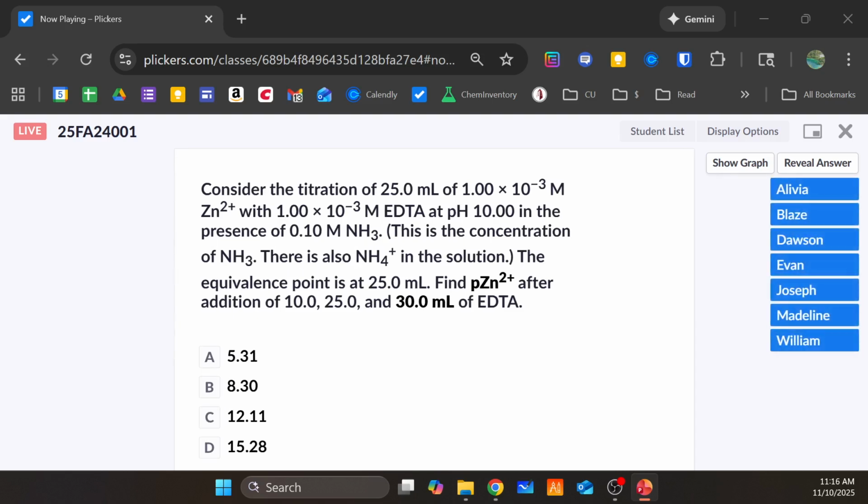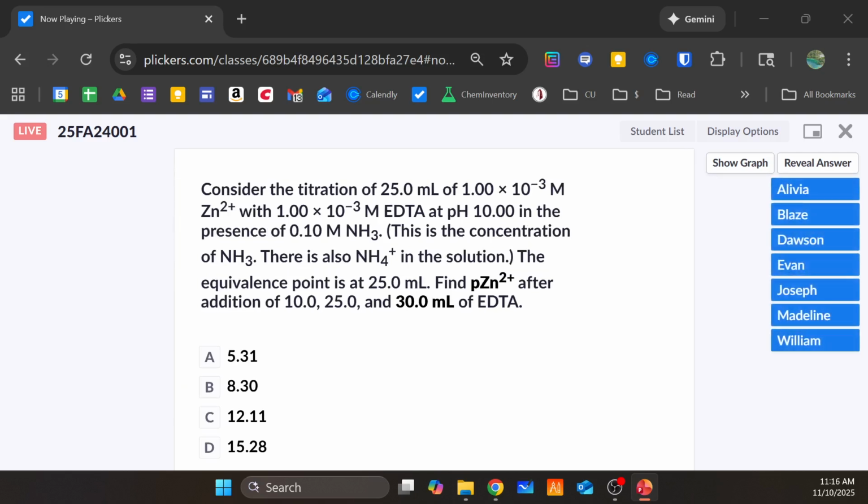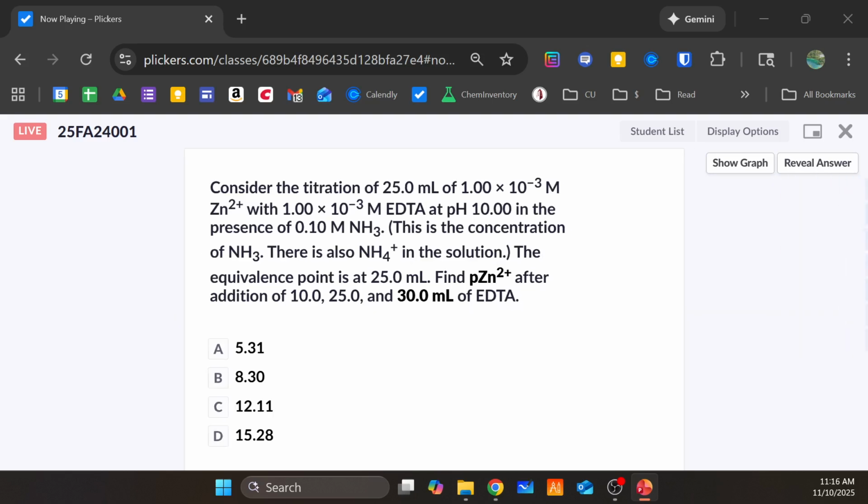That's correct. Yeah, I mean, the negative log of 5.3 times 10 to the negative 16 is 15.28. There's still one person that's answered wrong. I'm not sure who that is. Yeah, you both are right. Okay, now we're all correct.